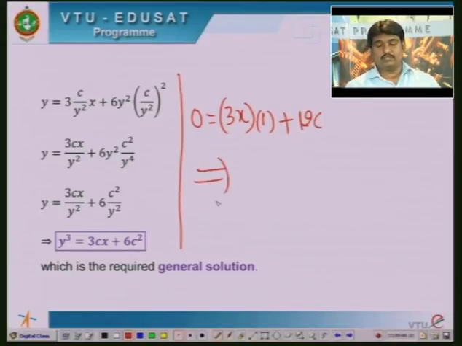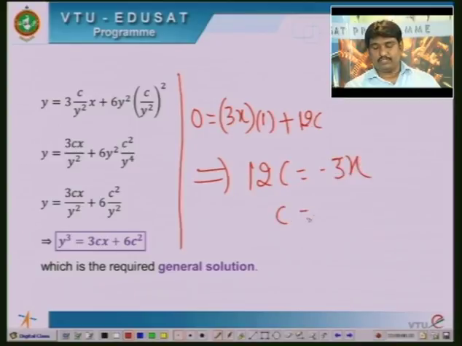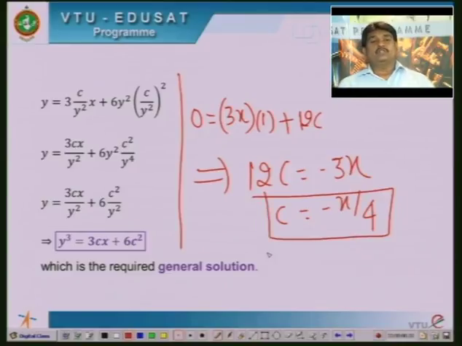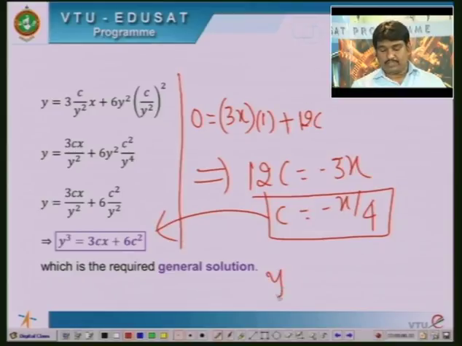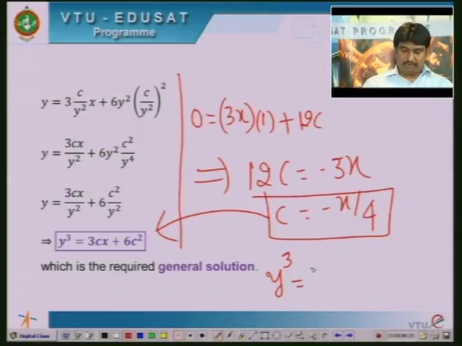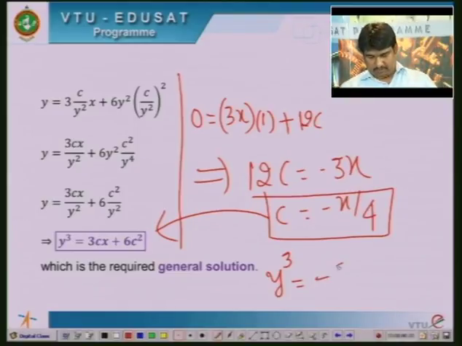This implies 12c equals minus 3x, therefore c equals minus x by 4. This is the c value. Substitute this c value in the general solution to get y cube equals, c is minus x by 4, so it is minus 3x square by 4 plus 6 into x square; c square is x square by 16.